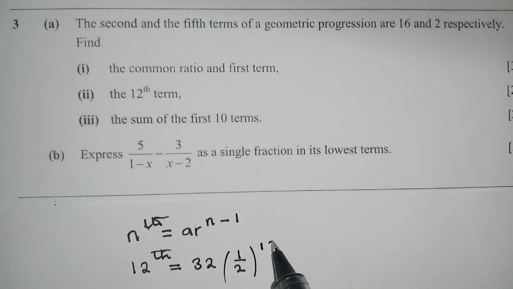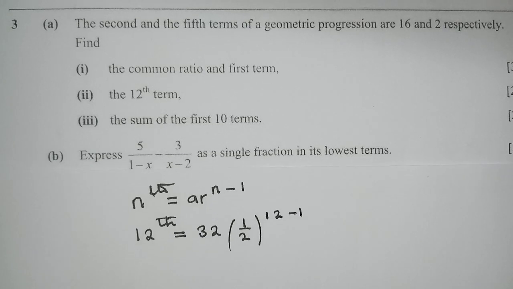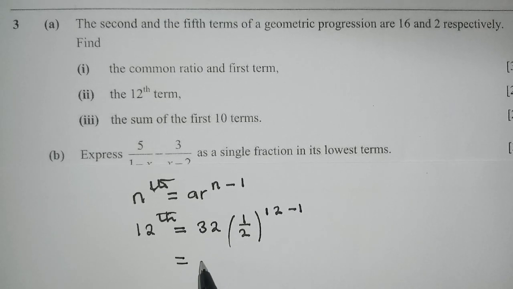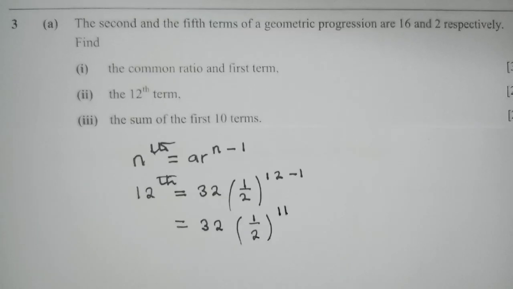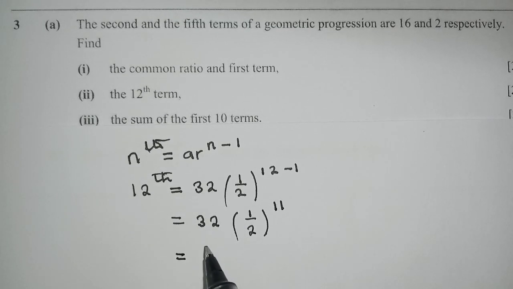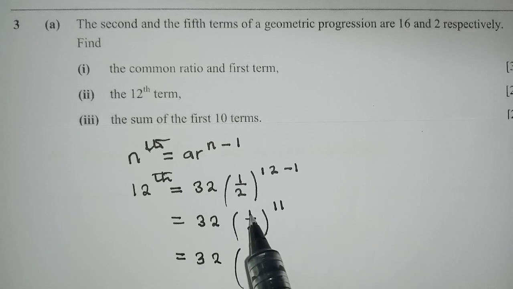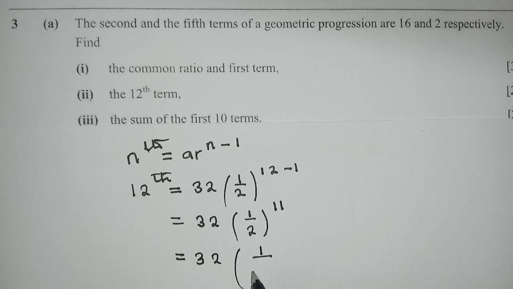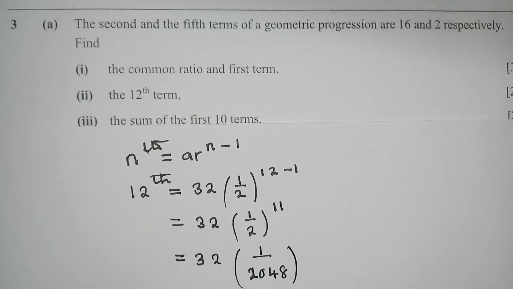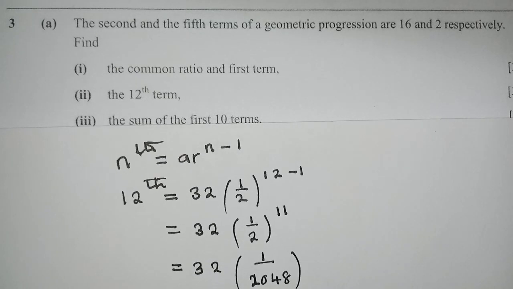Here we put 12 minus 1. We have 32, we have 11. So 1 to the power 11 is 1. 2 to the power 11, you punch on your calculator, you are getting 2048. You can just say 2 times 2, 11 times.